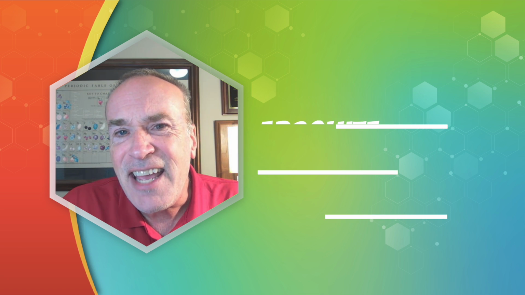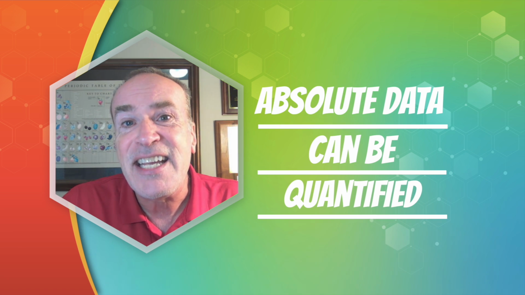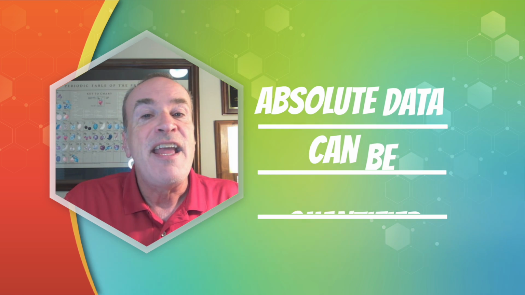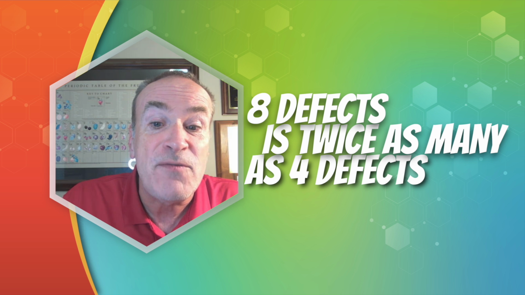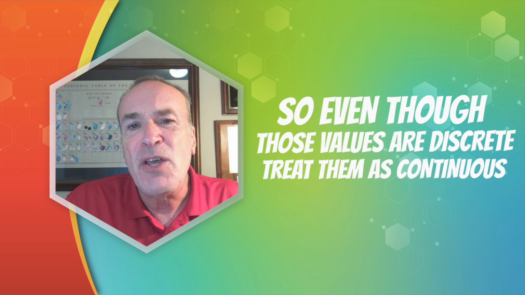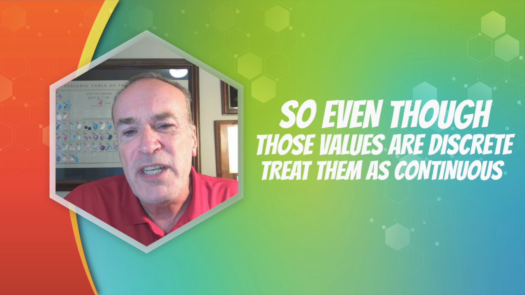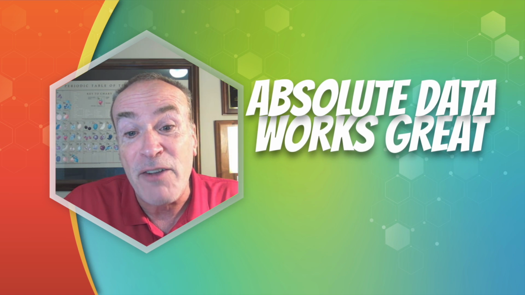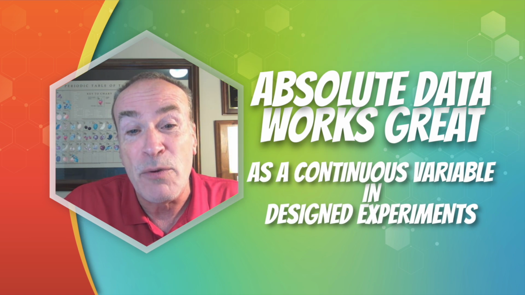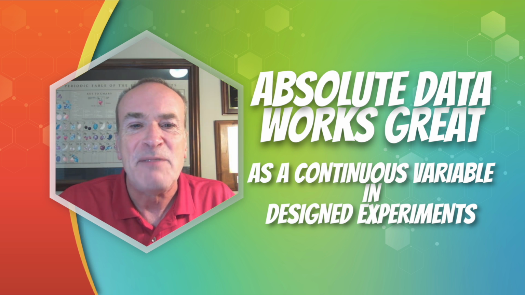There is a definite order, but you can't quantify it. In this case, absolute data can be quantified, and 8 defects is twice as many as 4 defects. So even though those values are discrete, treat them as continuous. Absolute data works great in DOEs.